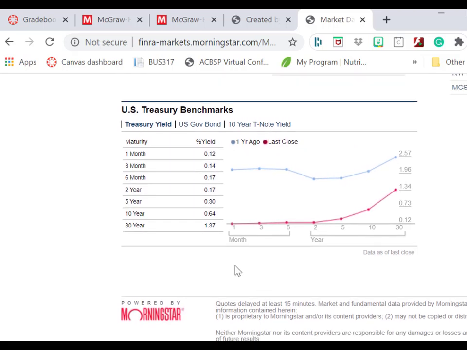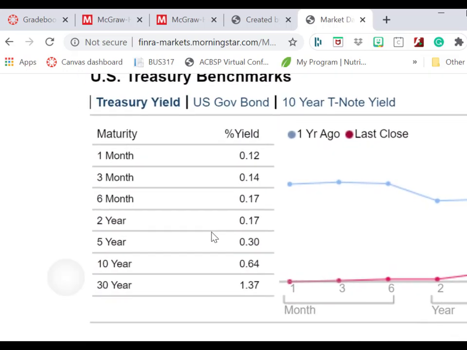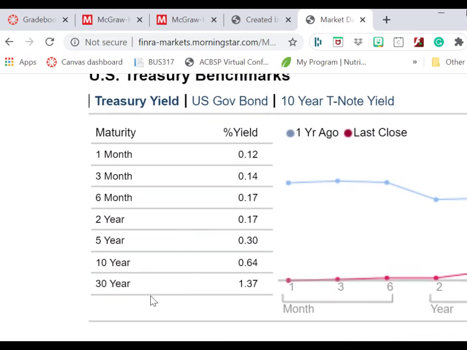Here are the Treasury Benchmarks. So on this day, a 30-year Treasury bond is yielding about 1.37%. So that is the risk-free rate for investing for 30 years.